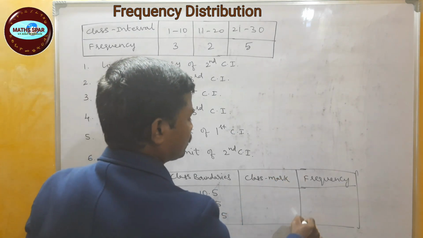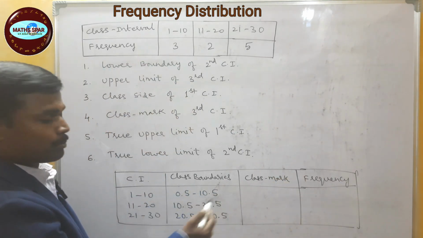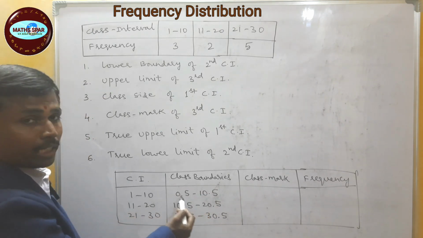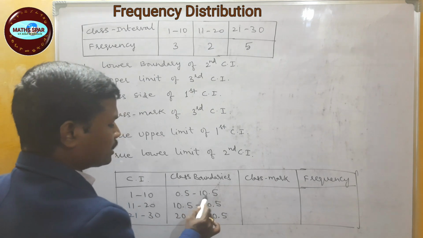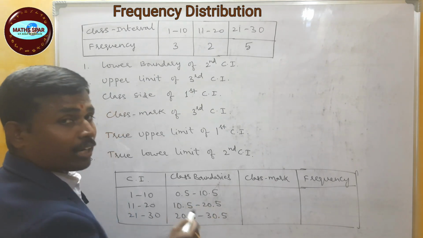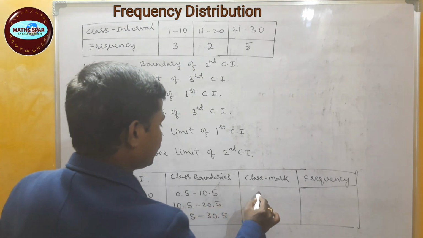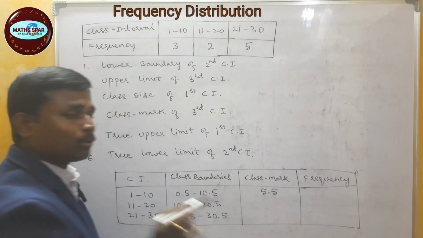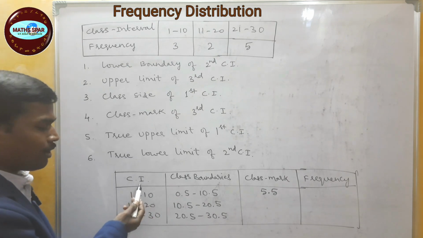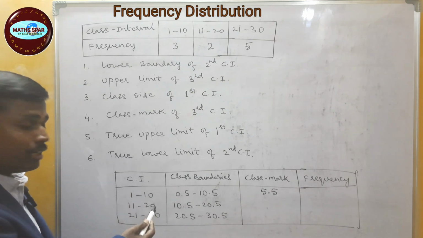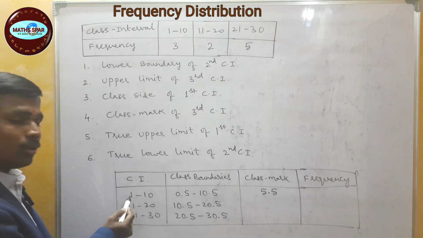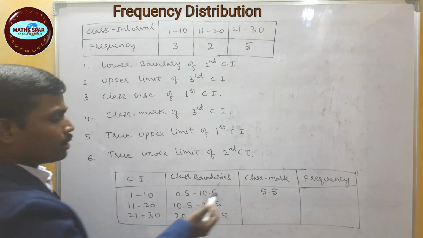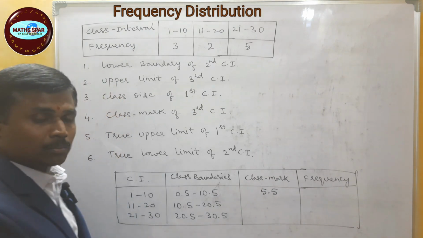Then class mark. What is this class mark? Upper boundary plus lower boundary divided by 2. That is 10.5 plus 0.5 divided by 2, which is 11 by 2, 5.5. If you notice, for a discontinuous class interval, even if you add the lower limit and upper limit and divide by 2, you will get the same class mark.